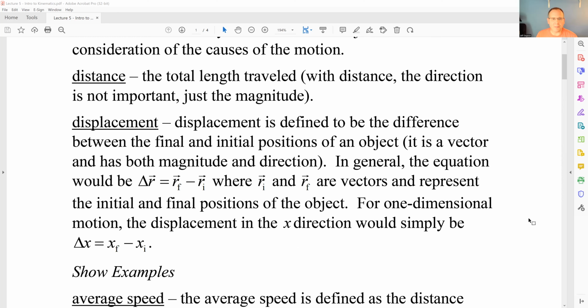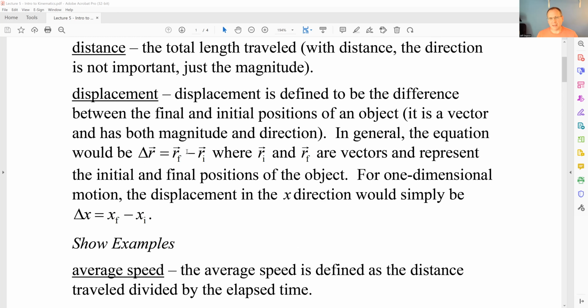So in general, let's say we represent the initial position of an object by r sub i, and notice here that it's a vector, and the final position by r sub f. Then the displacement, which is written here as delta r, is another way of saying a change in position.